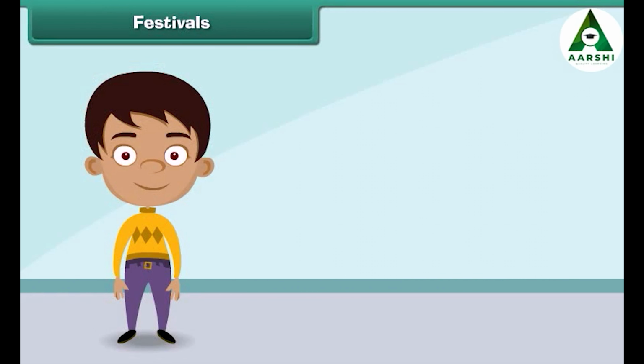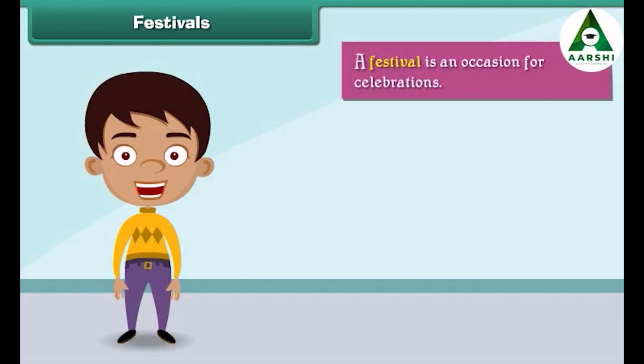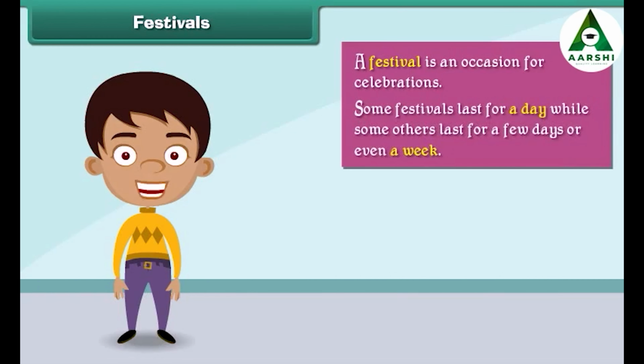Festivals. A festival is an occasion for celebrations. Some festivals last for a day, while some others last for a few days or even a week. Festival times are happy times.